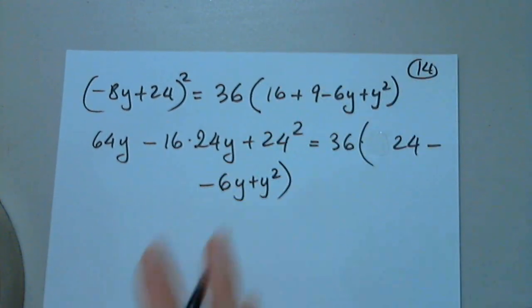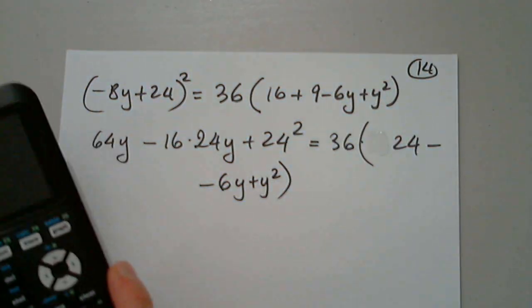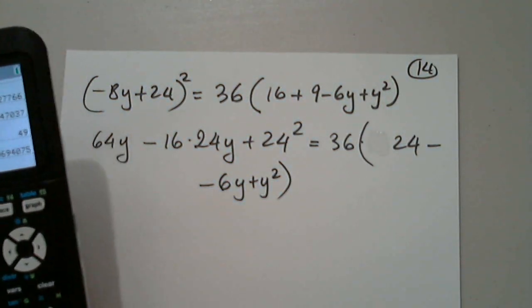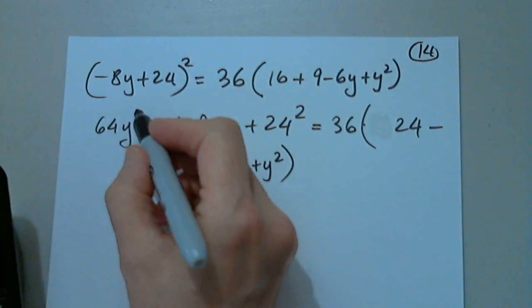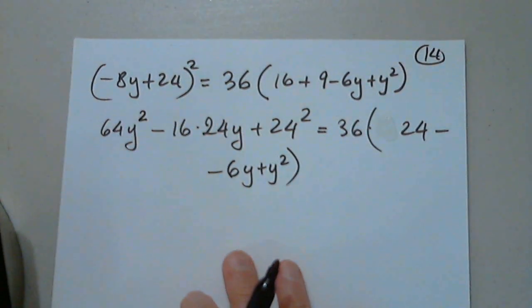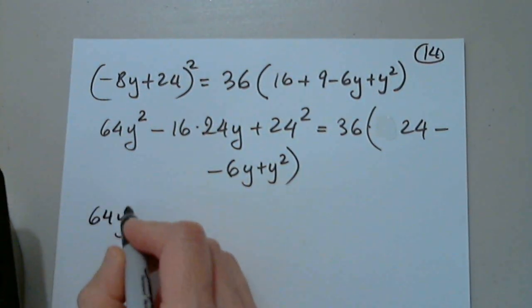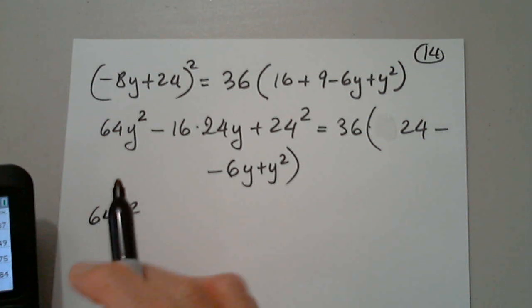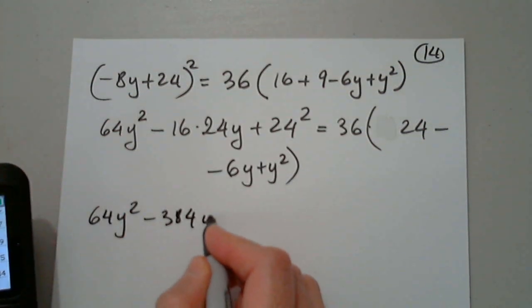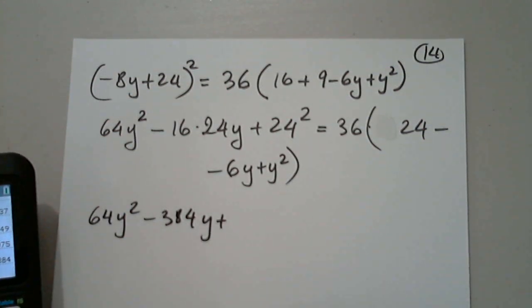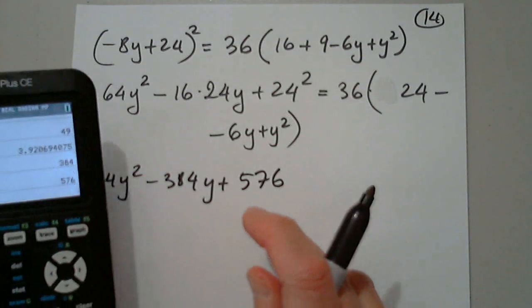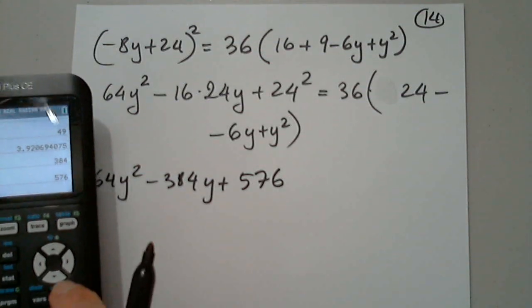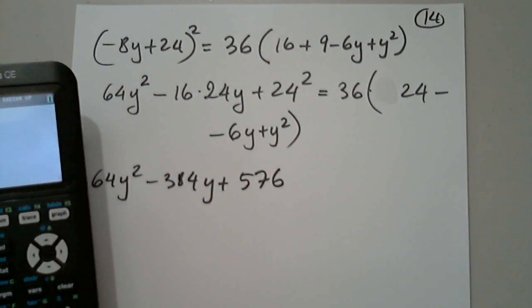Okay, we just have to rearrange this, and I need to multiply these times 24. So I have 64y squared, because it has to be y squared, minus 384y plus 24 squared, 576, 36 times 24.